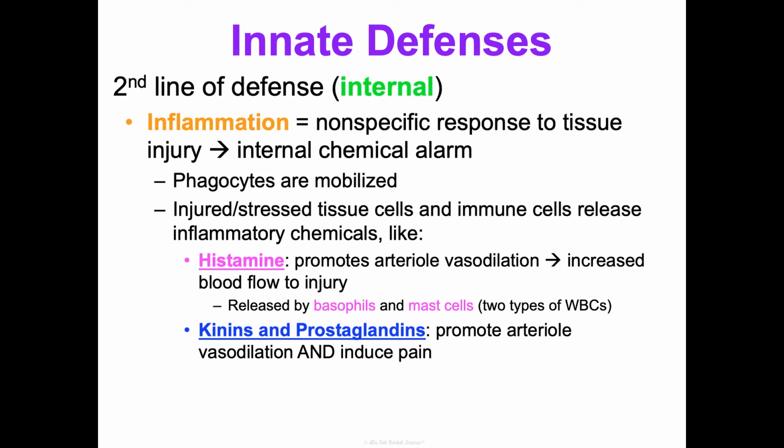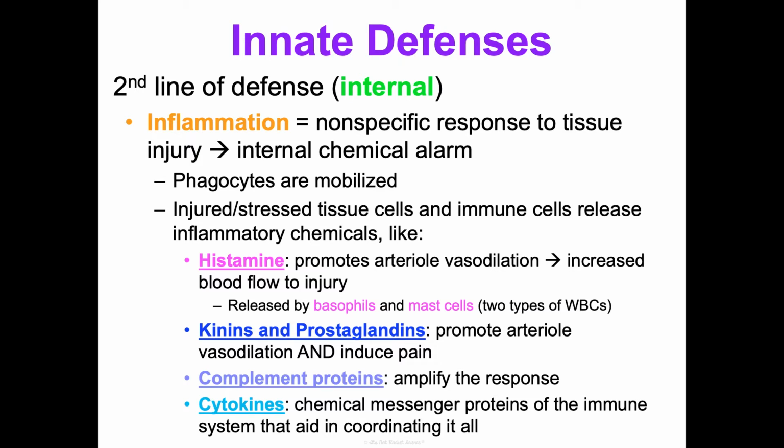Another group of inflammatory chemicals are kinins and prostaglandins. They also promote that arterial vasodilation, and they also induce that feeling of pain. Complement proteins we mentioned before; they just help amplify this response. And then cytokines are chemical messenger proteins of our immune system, and they aid in coordinating this entire process.